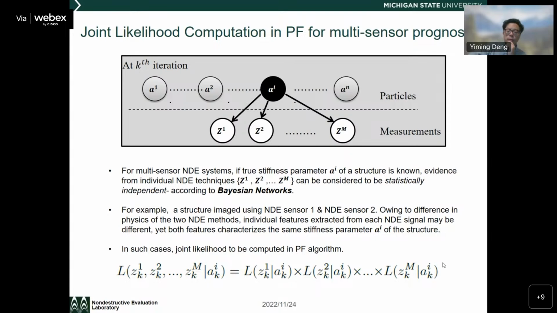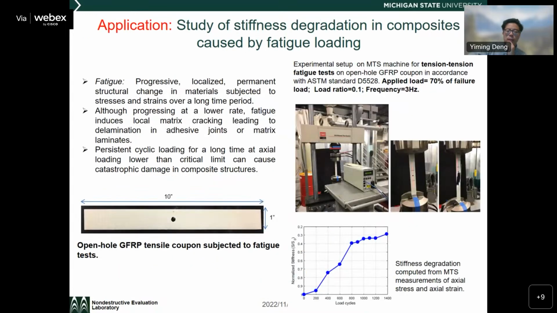You can also put a question mark here to test the validity of this assumption, whether this is true or not. For some cases you have to be careful about whether this independence assumption is true. Let's assume this is true, and we can move this forward and try to validate this using experimental work.